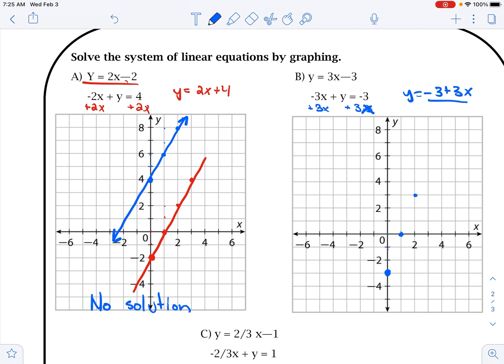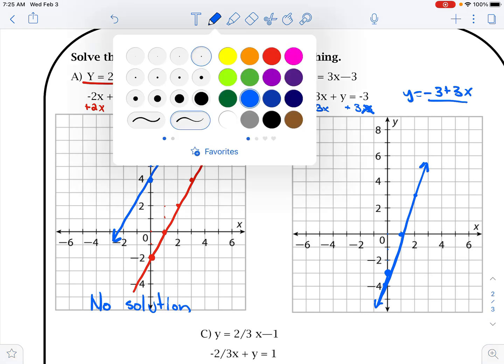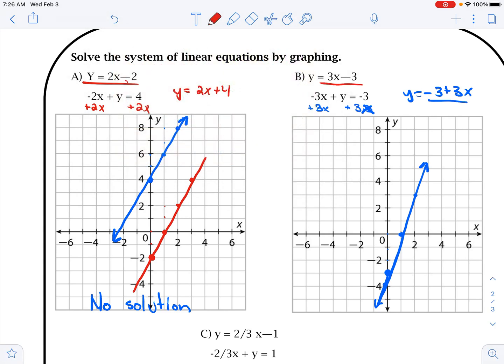And I graph this. Then I go to graph this next one, and I see my y-intercept is negative 3. And then my slope is up 3, over 1. It's the same line. So if it's the same line, it's infinitely many solutions.